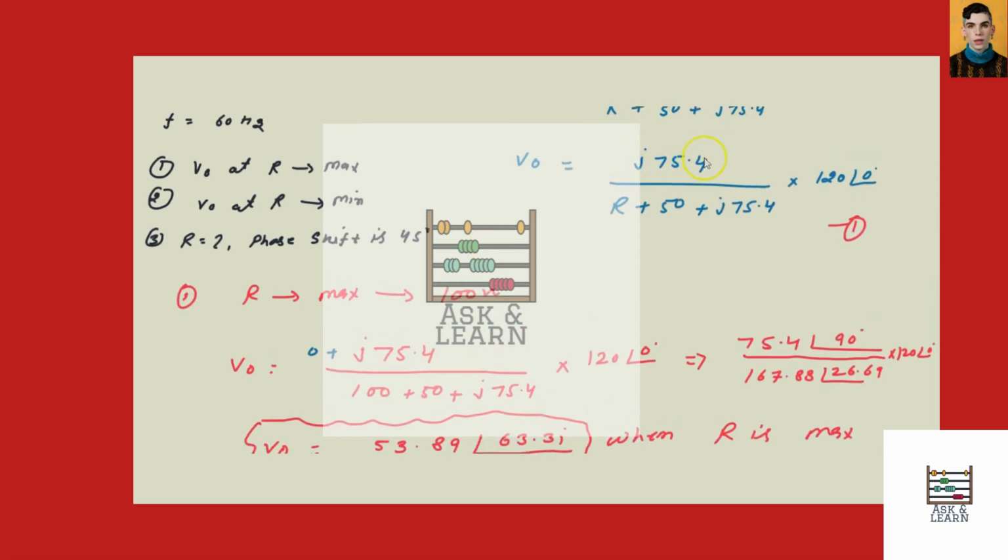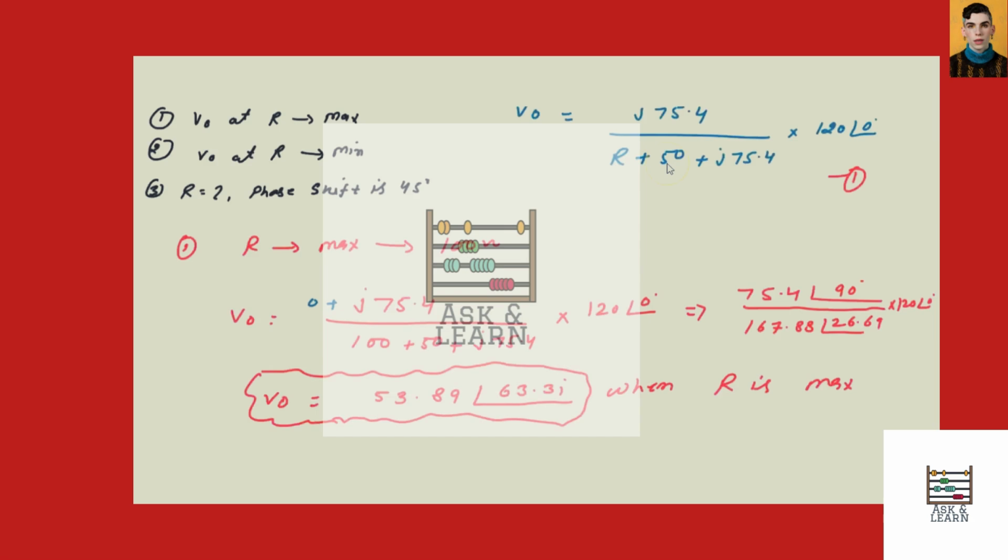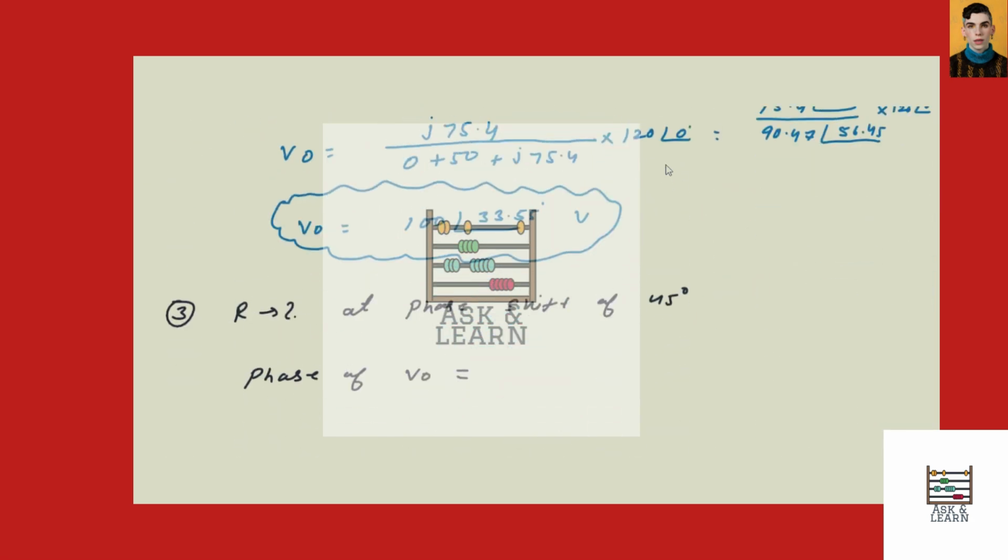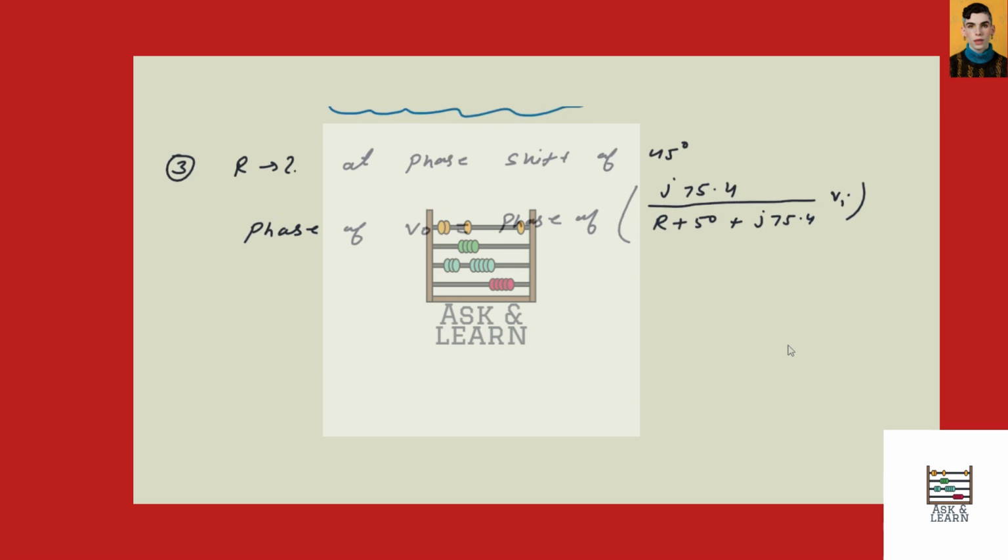The phase of V naught is the phase of j 75.4 upon R plus 50 plus j 75.4, into Vi. We can neglect Vi here, or you can write it also.